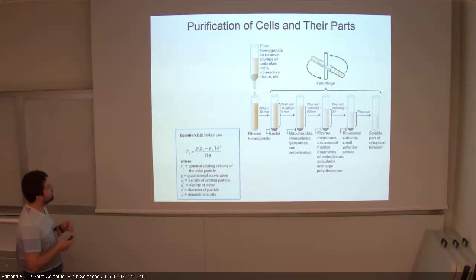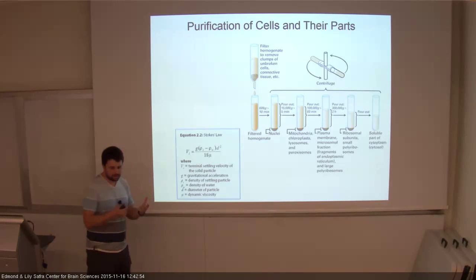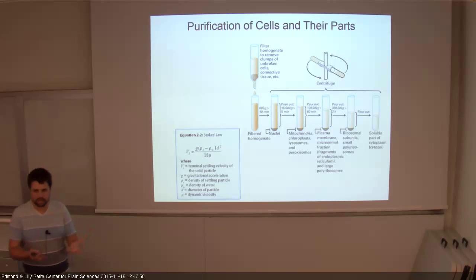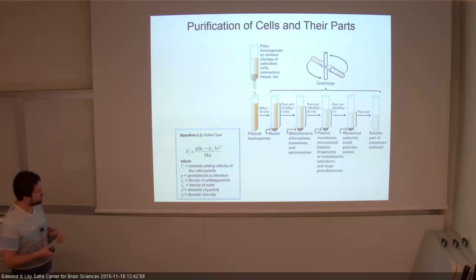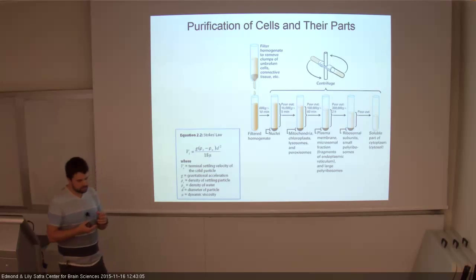But in general, if we take the cells, rupture them, and then move them to a filter to homogenate, and when I say homogenate, I mean that this now contains all the different organelles of the cell, then I can precipitate them at different speeds and get different structures.